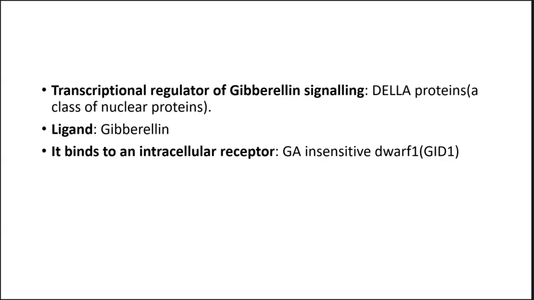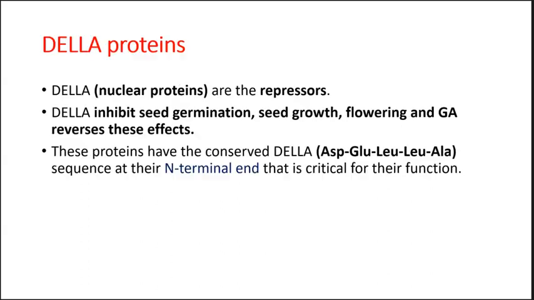So let's know in detail a little bit about DELLA proteins. DELLA proteins are nuclear proteins. They are present in the nucleus and they are the repressors. Since they are repressors of gibberellic acid or gibberellin, they show all the opposite effects of what gibberellin shows. Gibberellin helps in seed germination, seed growth, flowering, and DELLA shows the reverse effect.